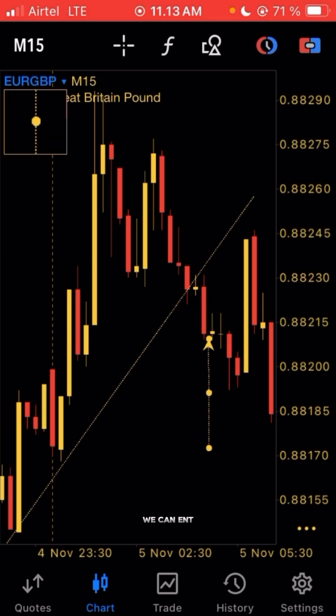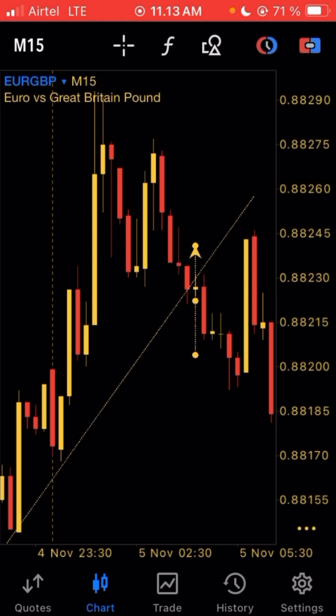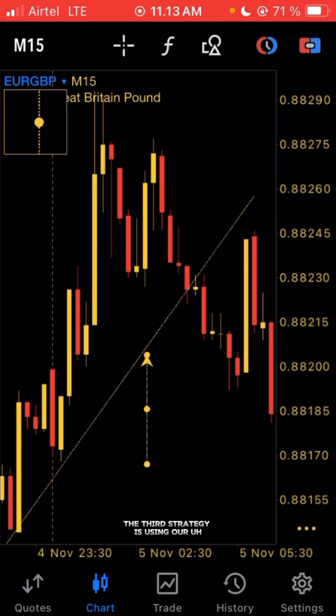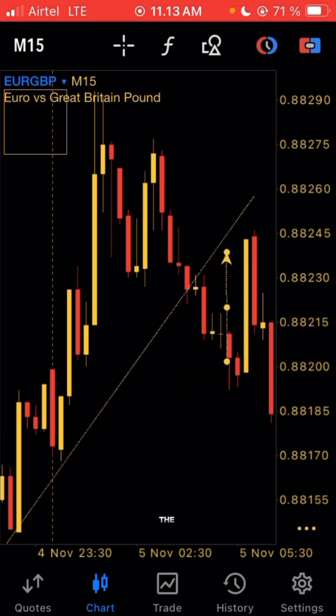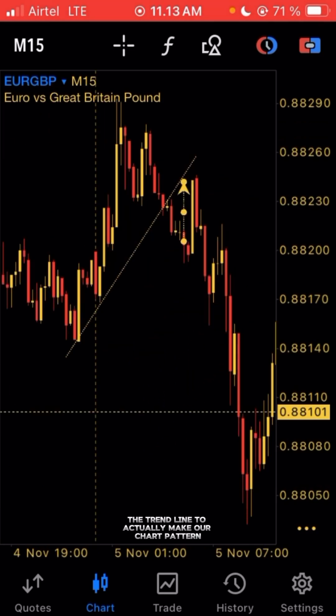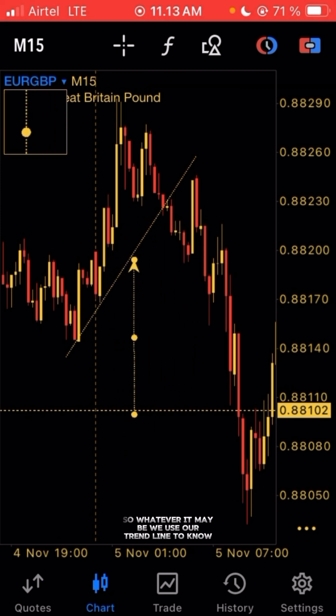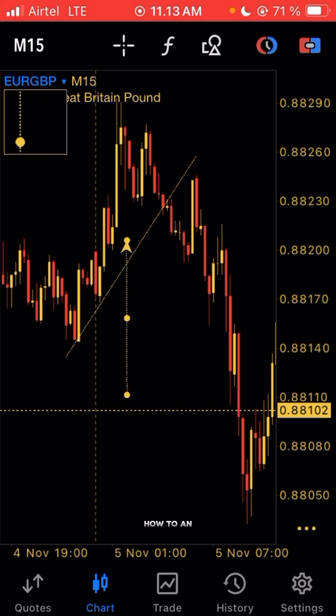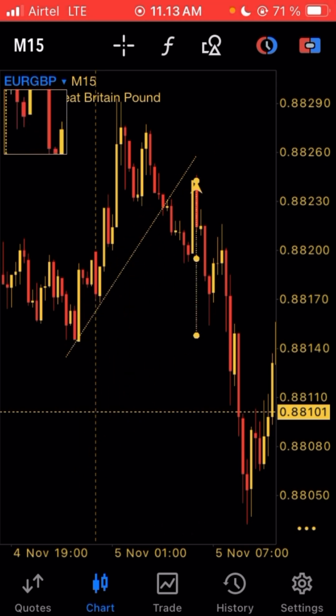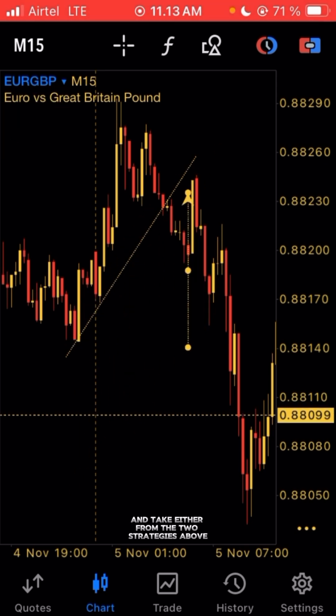We can enter from here, or we enter here. The third strategy is using the trend line to make our chart pattern. Whatever it may be, we use our trend line to know how to analyze our trades and take either from the two strategies above.